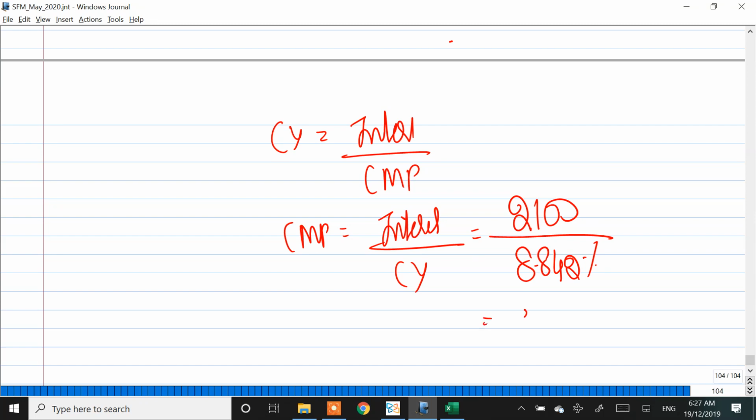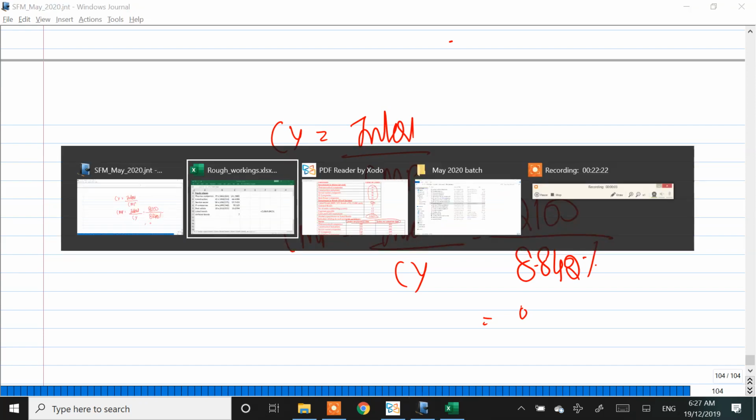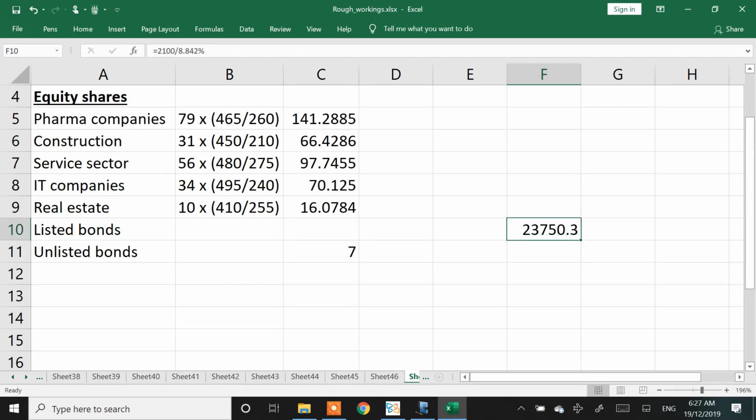How much? 2,100, 23,750. So one bond should ideally quote at 23,750. The face value given in the question is only 15,000.